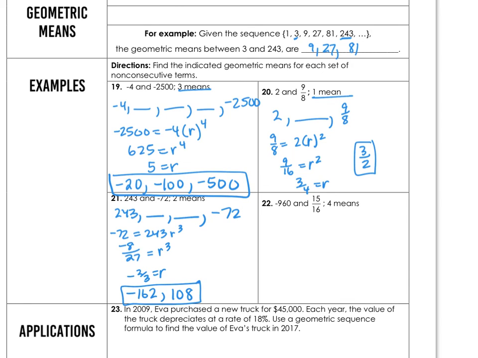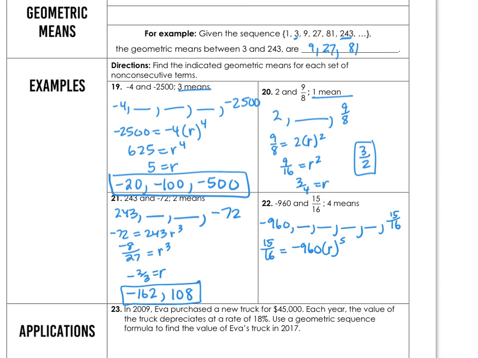Then on number 22, let's see, 4 means, so -960, 1, 2, 3, 4, and then 15/16. So that means the 15/16 is equal to our first term times r, 1, 2, 3, 4, 5 times.